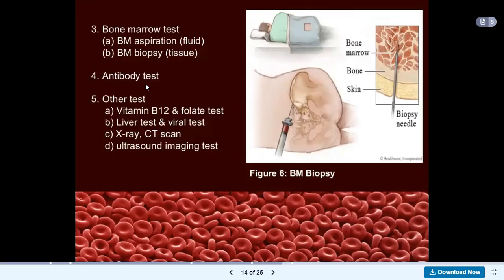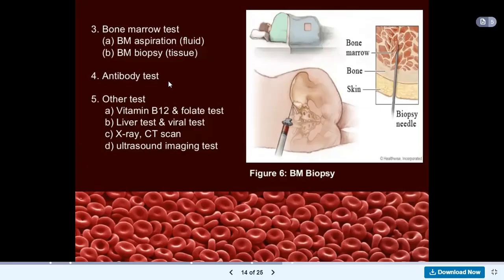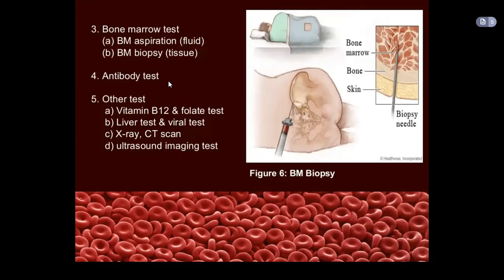Then you could also do an antibody test, because we said that aplastic anemia could be caused by autoimmune diseases or autoimmune destruction of the bone marrow, whereby the body produces antibodies against the bone marrow. So you could do an antibody test to know if there are some antibodies that are destroying the bone marrow and preventing the bone marrow from producing enough cells.